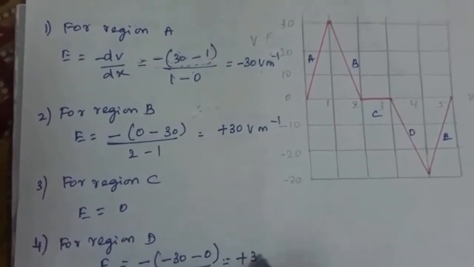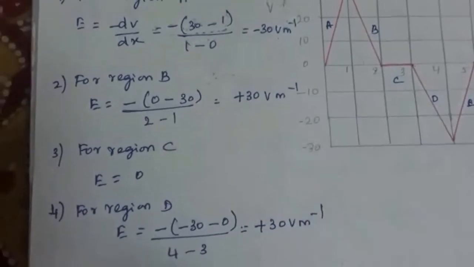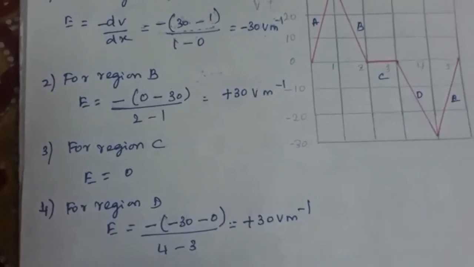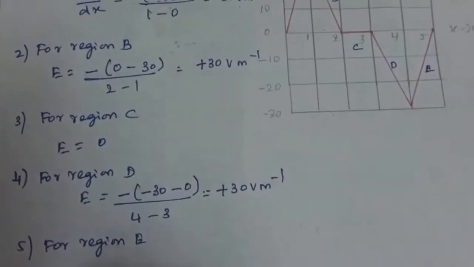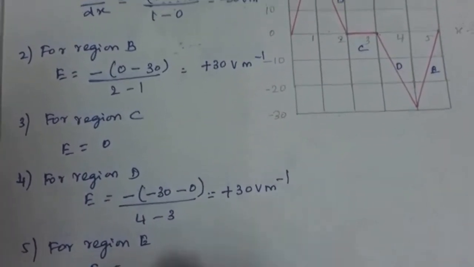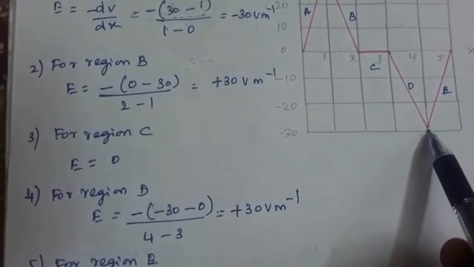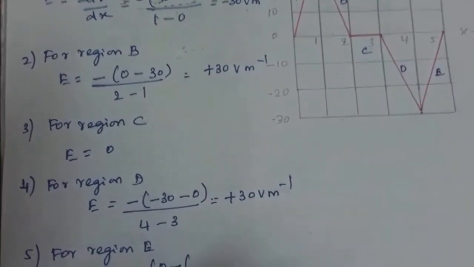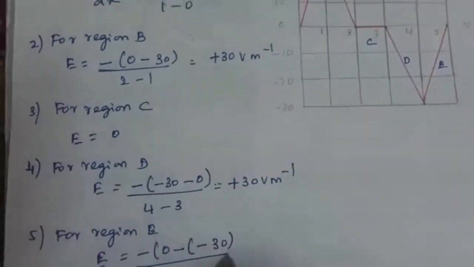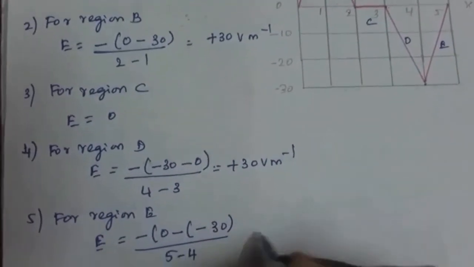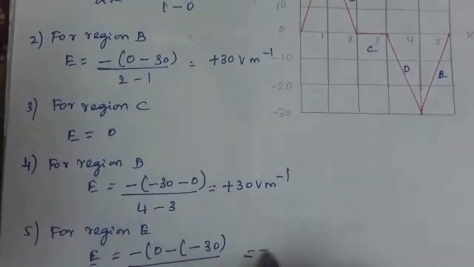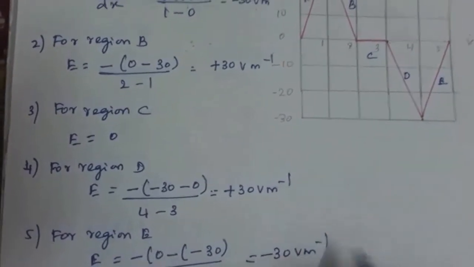So it is plus 30 volt per meter. Then for region E, initial is minus 30, final is 0, distance is 5 minus 4. So this will become minus 30 volt per meter.